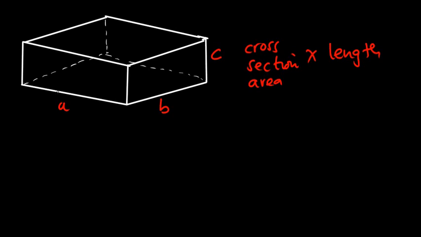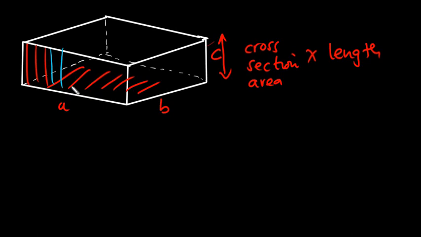If we take the base rectangle as the cross section, then this becomes the length, that is C. If we take this rectangle as the cross section, then B becomes the length.